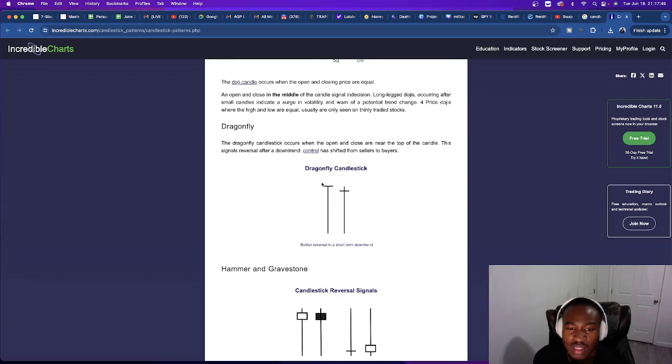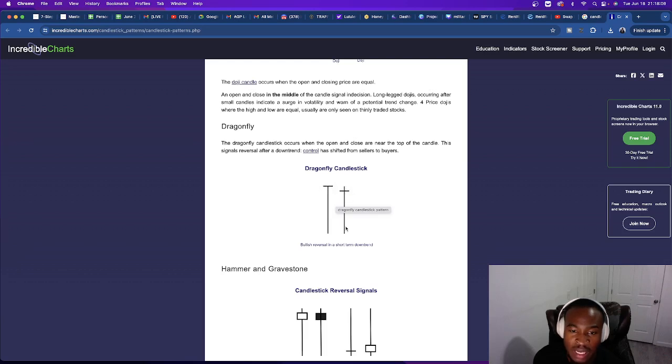Dragonfly doji is something that you guys don't really have to remember, but you have to be able to identify these. It's a dragonfly because it has this long wick and an open and close price at the top or near the top.